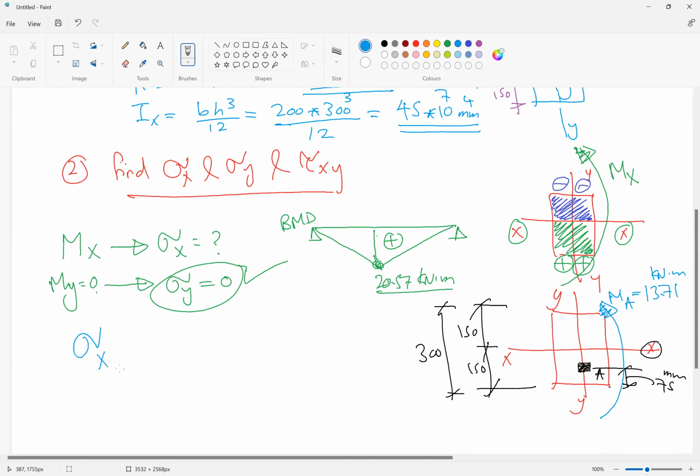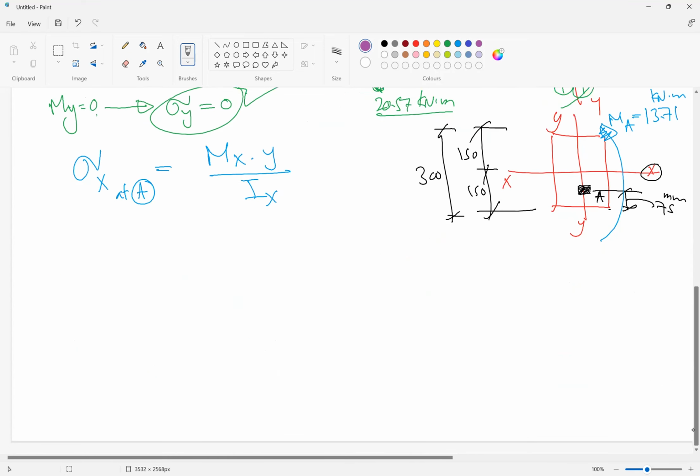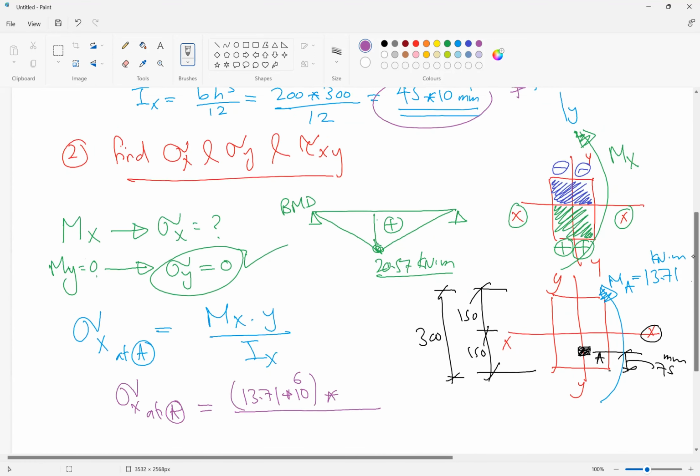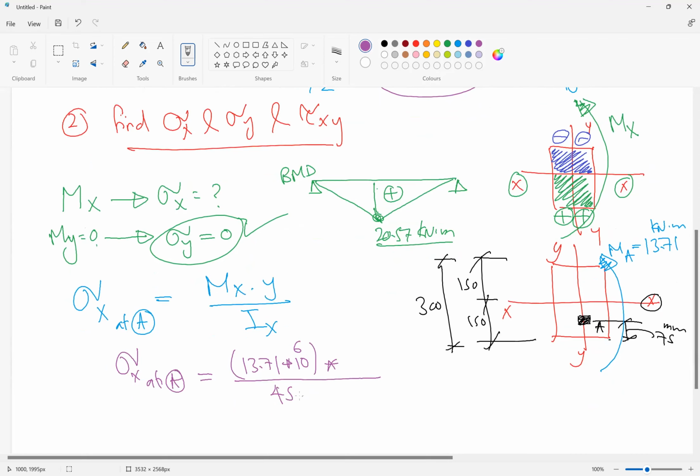So how can we find the stress at A? Sigma x at A will be Mx times y over Ix. We have Ix here. So sigma x at A will be Mx, 13.71 times 10 to the power 6, times y over Ix. Ix is 45 times 10 to the power 7. How much is y?